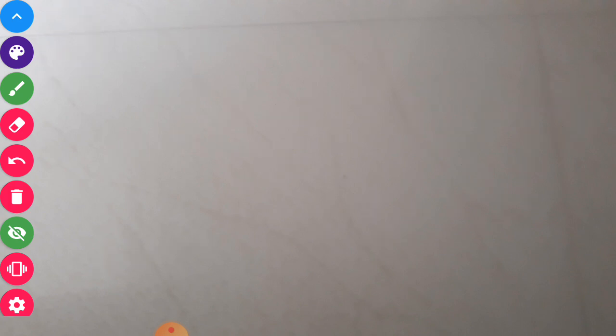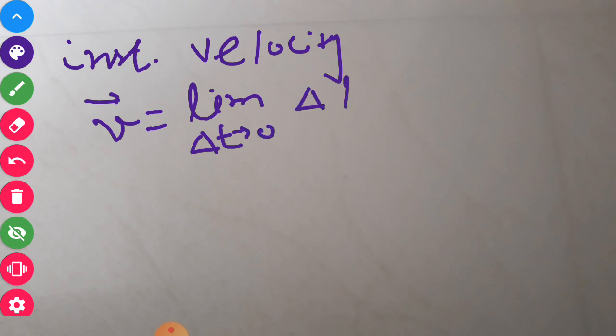So we can write instantaneous velocity v is equal to limit delta t tends to 0 of delta r upon delta t.